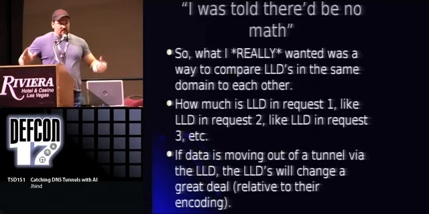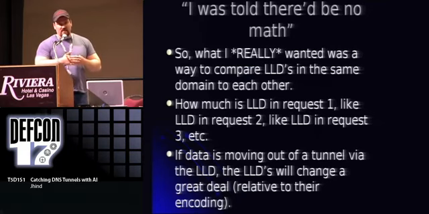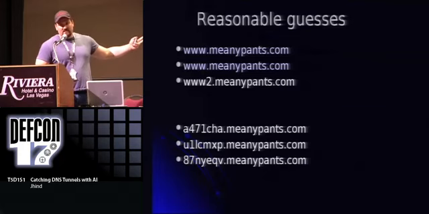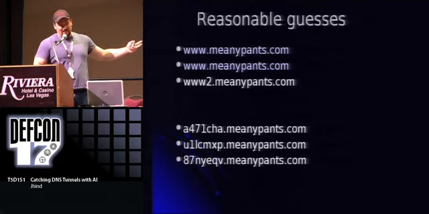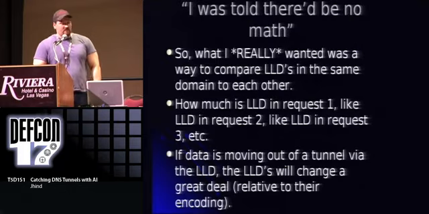So what I really wanted was some way to compare LLDs in the same domain to each other. I want to see the difference between the LLDs, right? Here, the first two requests are exactly the same, and so that's probably not being used to smuggle data. I mean, it could, right? Probably not, though. The bottom ones? Different call. They're very different. They could be used for lots of things, right?